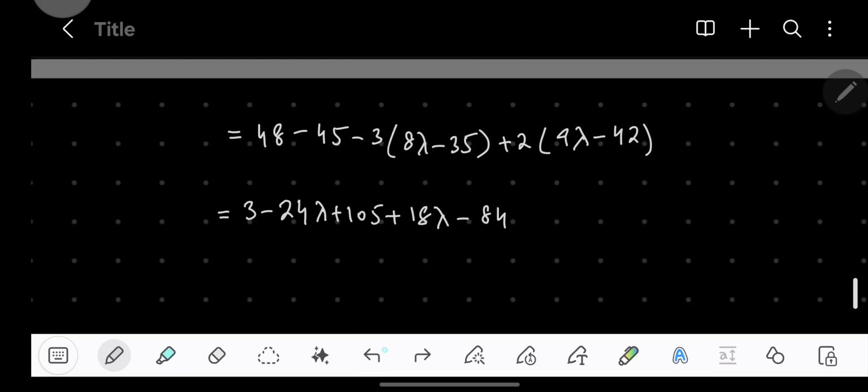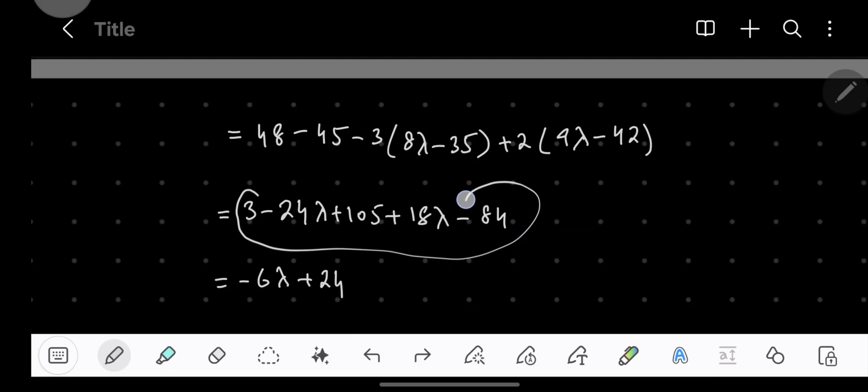Okay, if I add these two terms, I will end up with negative 6 lambda, and if I add these three terms, then I will get 24.